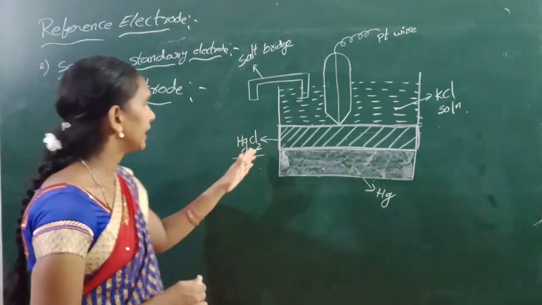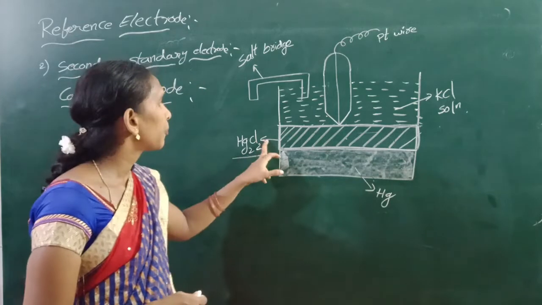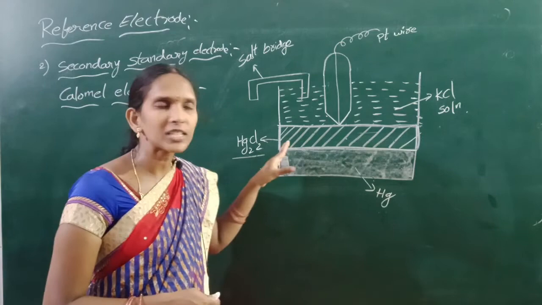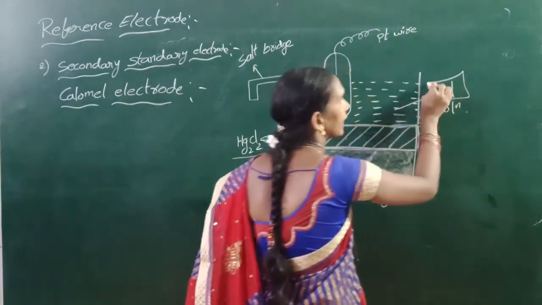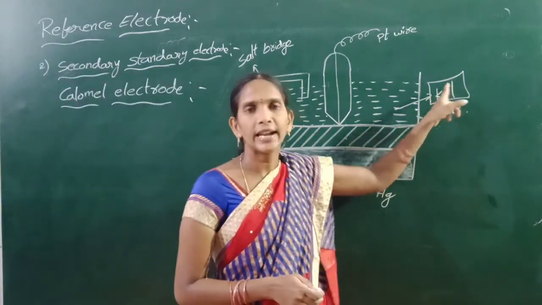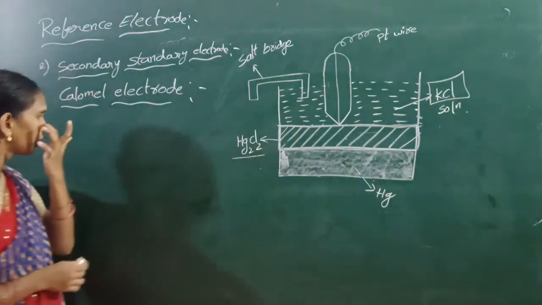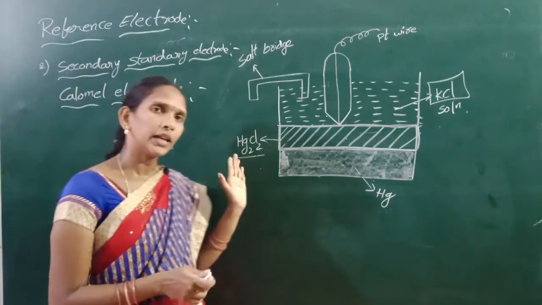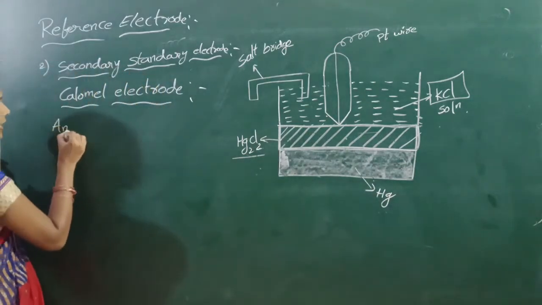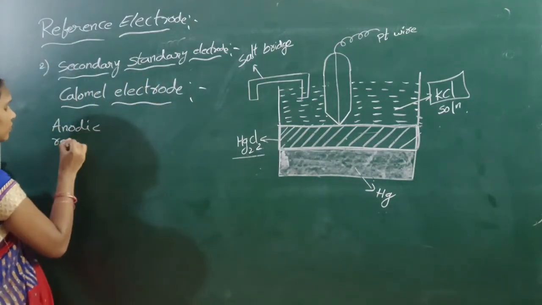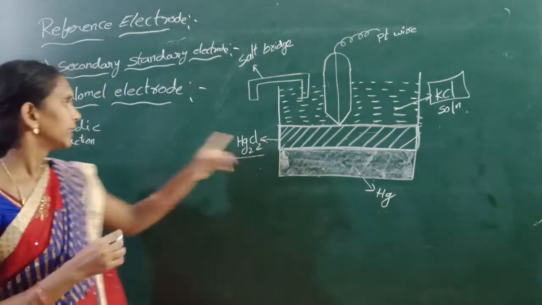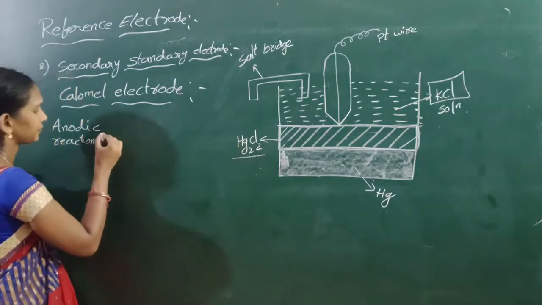In this electrode, the potential depends upon the standard KCl solution. In this case, both anodic reaction and cathodic reaction take place. In the anodic reaction, oxidation takes place, that means loss of electrons.